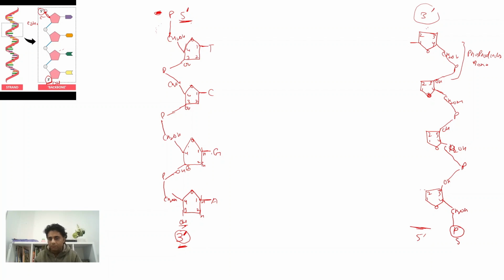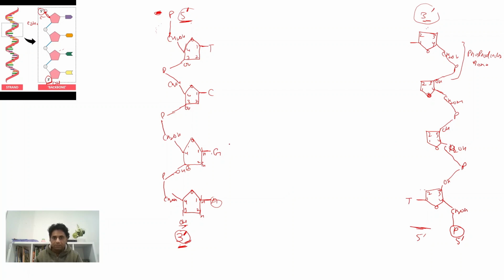So this is the 5 prime side. So 5 prime, this is 3 prime, this is the 5 prime, this is the 3 prime. So these are antiparallel to each other, and then the first carbon has the nitrogenous base. So the left side is the A, so this side must be T.